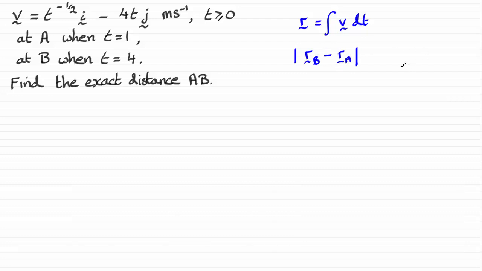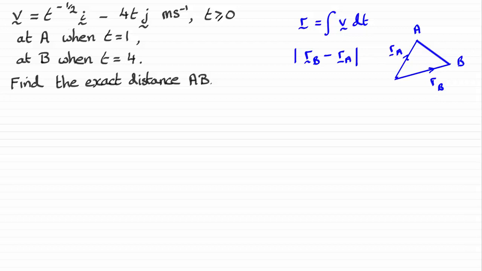But really, if you're going from one place, let's say from here, that's A, that's RA, and you're going to another point B, that's the position vector RB, then the vector AB is given by RB minus RA, okay? And so we're just going to take the modulus of that to get that distance AB. Okay, so hope that's given you an idea of the method.